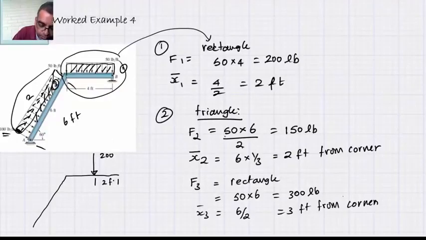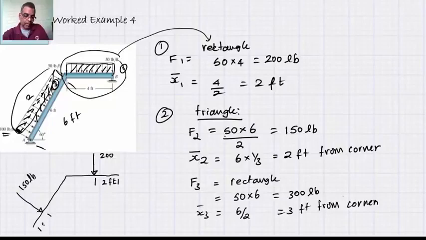Then F2 is here, and its magnitude is 150 pounds, and it is 2 feet from this corner. Then F3 is here, and this is 300 pounds, and it is 3 feet from this corner.